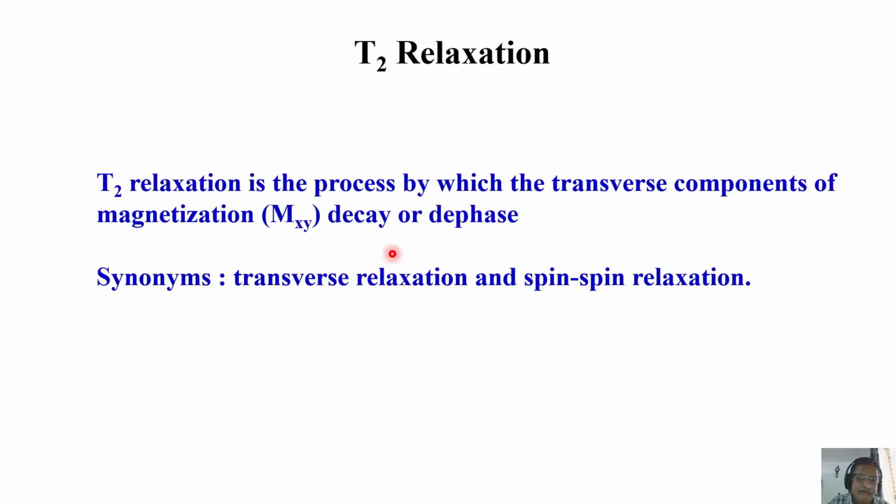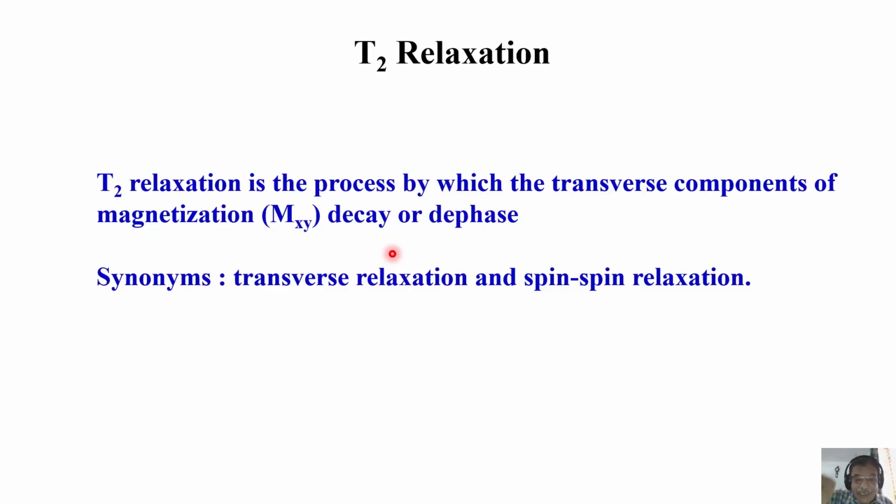In the xy plane, there is a random phase of x and y components. This is a random phase approximation. As a consequence, you don't see any magnetization at all. But while it is dephasing, simultaneously it is also growing along z-axis. That is what is required, and that is T1.